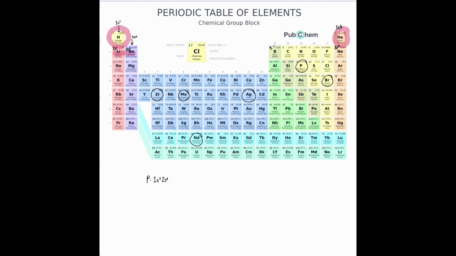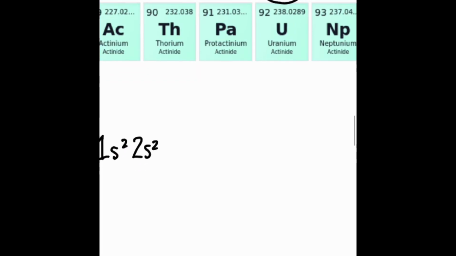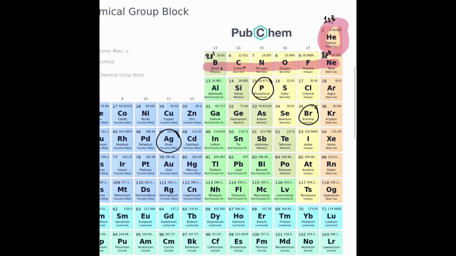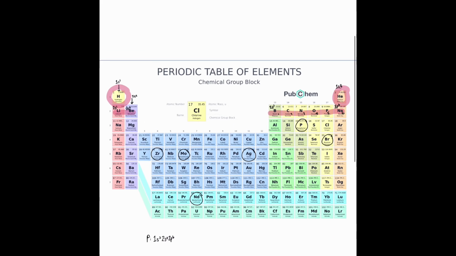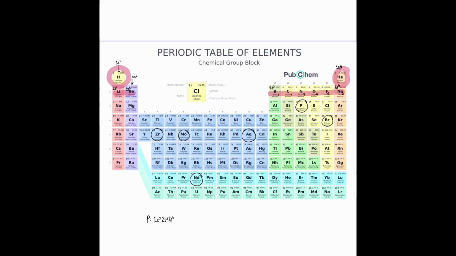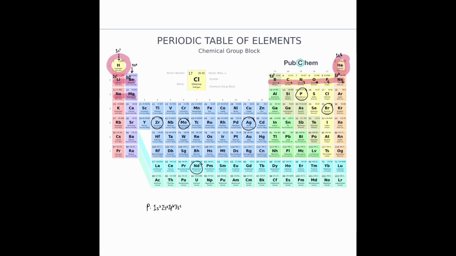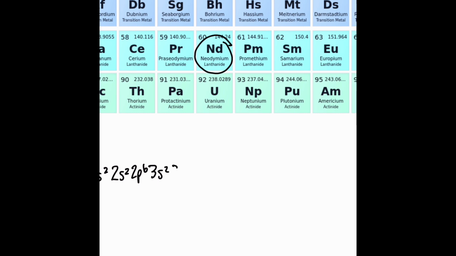We then get through 2p6, all the way up through our neon, where we know it's 2p6 because this is 1, 2, 3, 4, 5, 6 within the p block, within the second energy level. We then get through our sodium and our magnesium, so we are through 3s2. And we then get up through our aluminum, our silicon, and then we're at our phosphorus. So that is going to be 3p3.